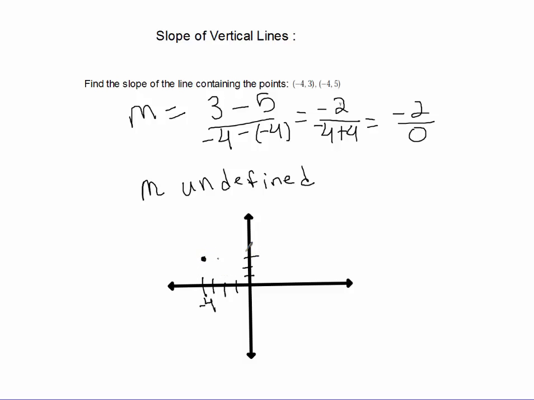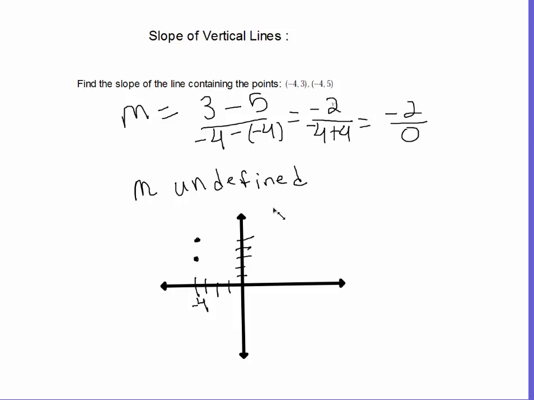There's 1 point, and then -4, 5 would be here. So you can see they line up, and you get a vertical line. Let me graph that vertical line for us. So it's going through these 2 points. There's our vertical line.